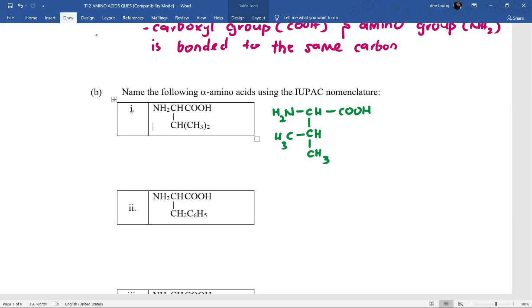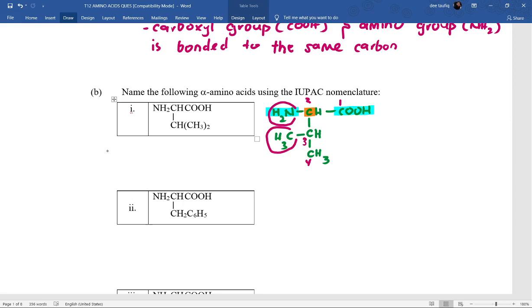Again for alpha amino acid, our carboxyl COOH and our NH2 are bonded to the same carbon, this one in the middle. The numbering must start with carboxylic acid, that is our priority. So this is carbon number 1, 2, 3, and 4. Therefore, at position number 2 we have one substituent, and position number 3 we have another.